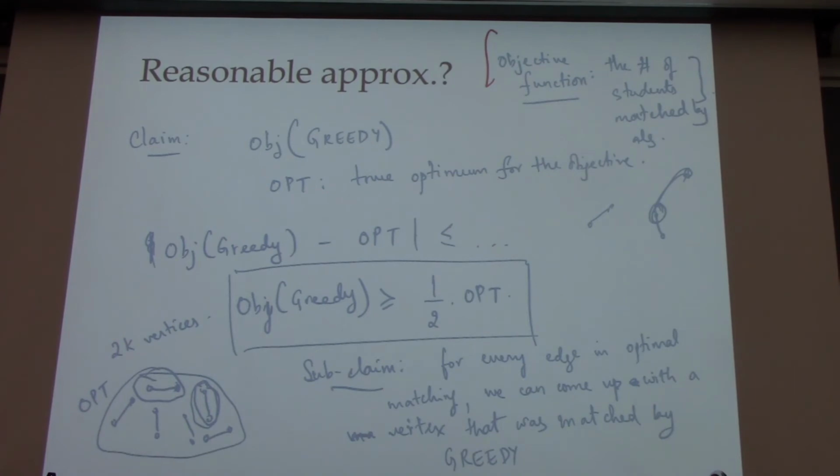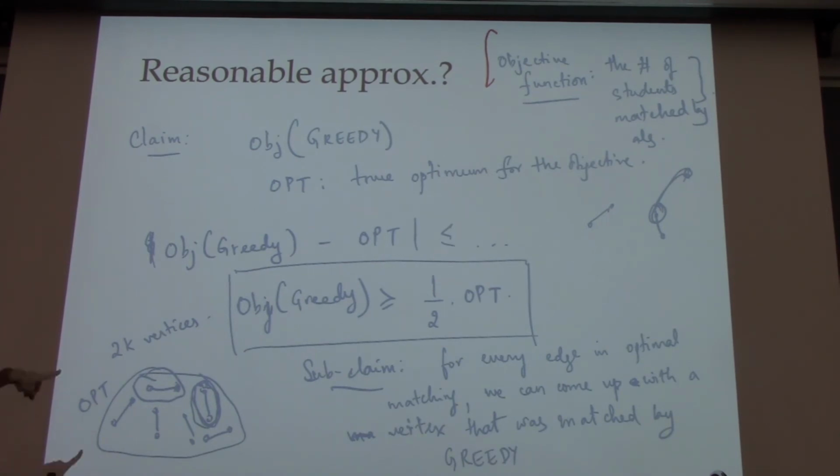So that's actually the right answer. Suppose this claim were not true. What does that mean? At the end of executing greedy, you had some pair out here such that neither of these two was matched. But that couldn't have happened, because what does greedy do? It goes through each of the vertices and tries to match it to somebody, as long as they have a neighbor who is not matched.